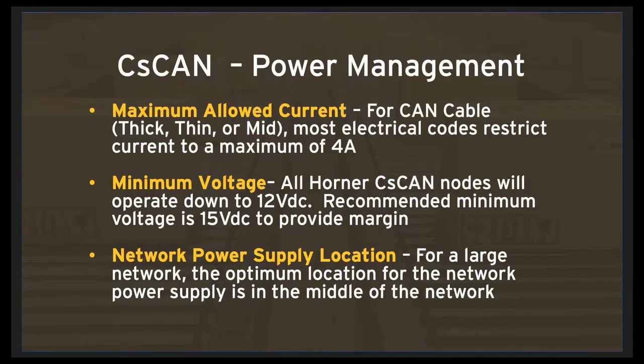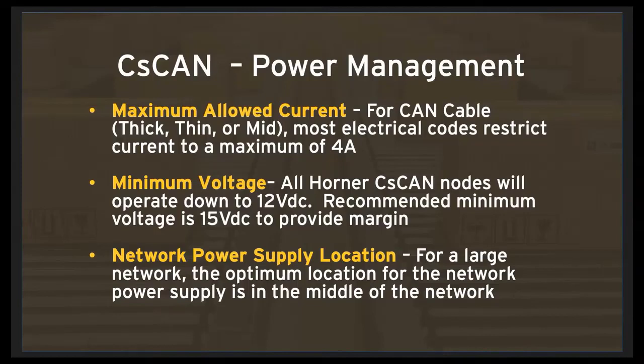Next, let's talk about the network power supply location. If you do have one of those applications where you need a network power supply, your network's longer than 30 meters, you've got more than 4 I/O nodes, in that scenario, the best case scenario would be to locate the power supply in the middle of the network, not on an end. That's optimum.